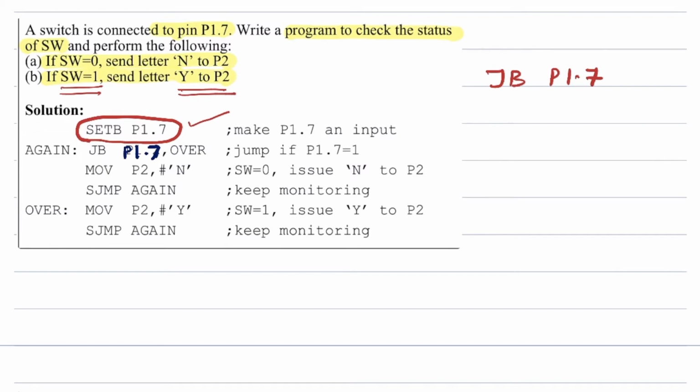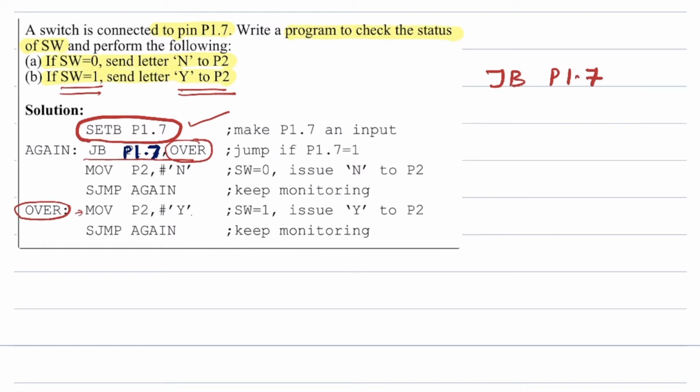If P1.7 is 1 in this line, then it will jump to this label OVER, and in that label it is written MOV P2, #'Y'. So it is clearly explained.